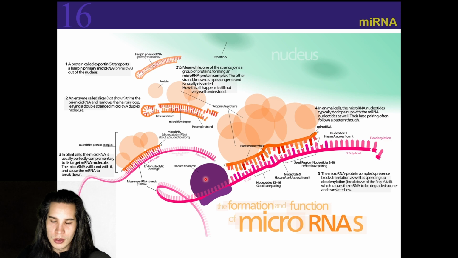Ribosomes will read single-stranded RNA, but they're not going to read double-stranded RNA, so it impedes the progression of the ribosome in the translation process. It's putting a stall on this messenger RNA, and over time the poly A tail will degrade, and that will eventually lead to the breakdown of the messenger RNA.